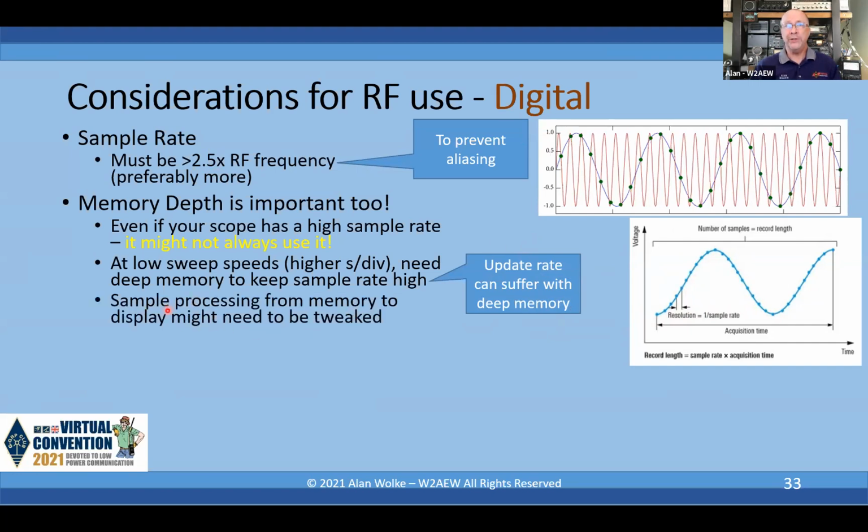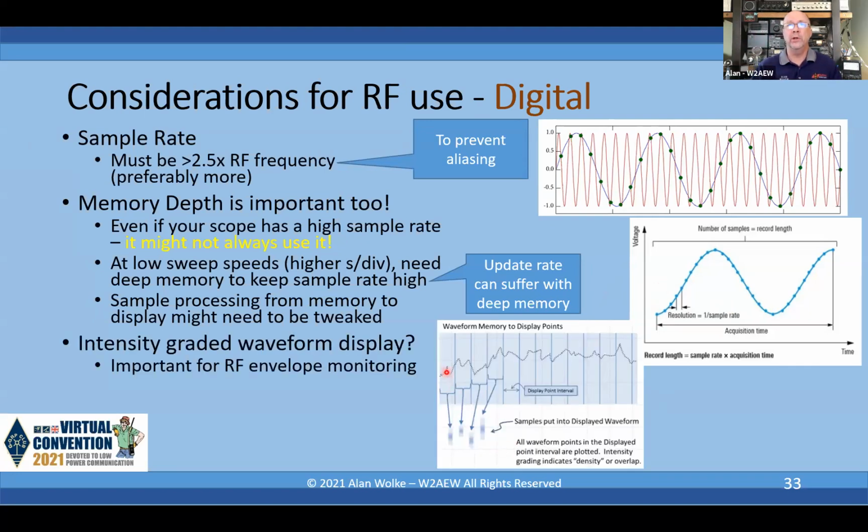Now, the sample processing from memory to the display might need to be tweaked, because I might set the waveform memory to be like 1 million points, but the LCD display on the scope screen isn't going to have 1 million pixels across it. So some processing has to happen to take the waveform from memory and put it on the display. Hopefully, they're going to process that data in a way that makes sense.